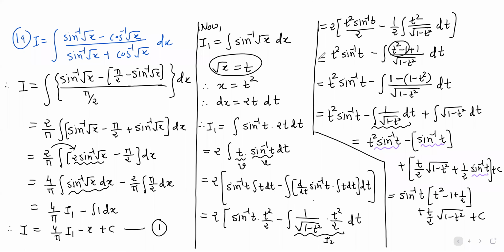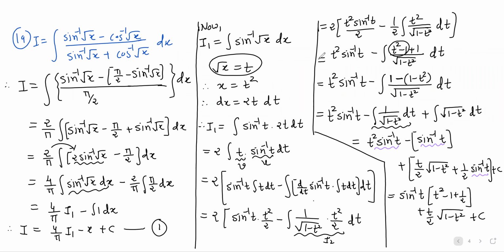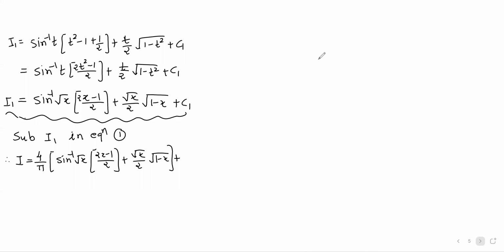So 4 by pi into I1 is sin inverse root x into 2x minus 1 upon 2, plus root x upon 2 under root 1 minus x, minus x plus c. So c1 cancels and c comes.